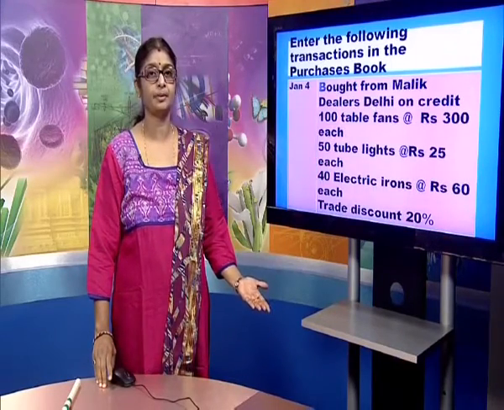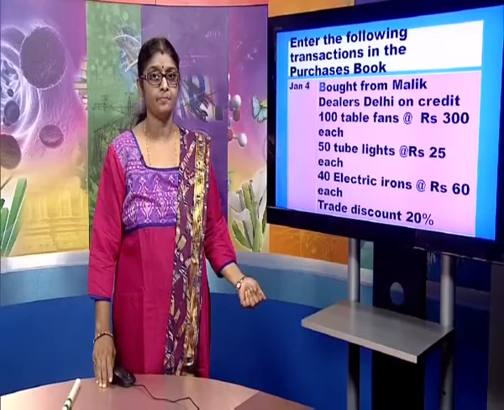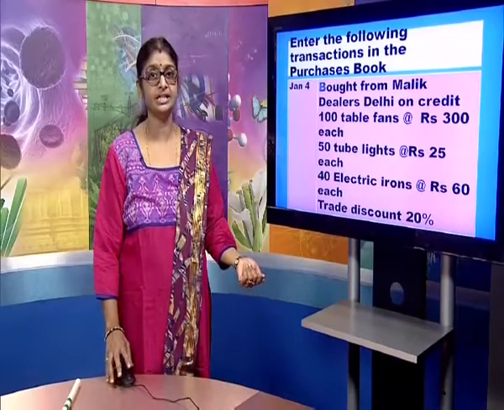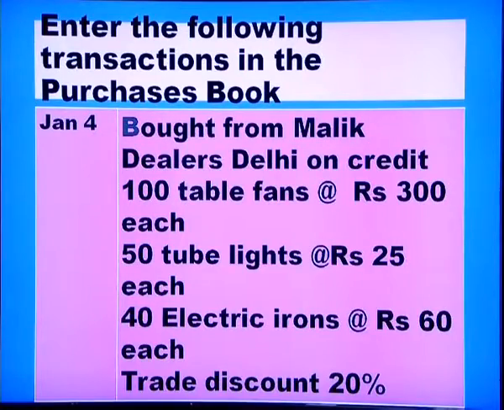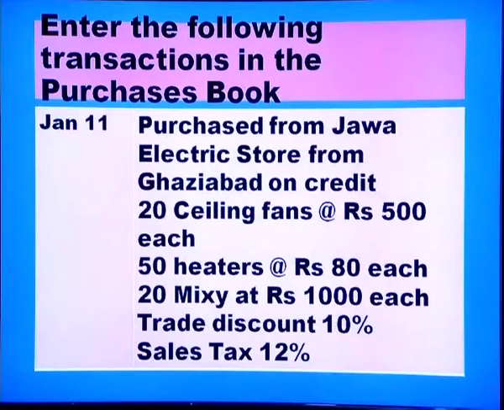Here is a question for the preparation of the purchases book. Bought from Malik Dealers of Delhi on credit 100 table fans at rupees 300 each, 50 tube lights at rupees 25 each, 40 electric irons at rupees 60 each, and trade discount of 20 percent.